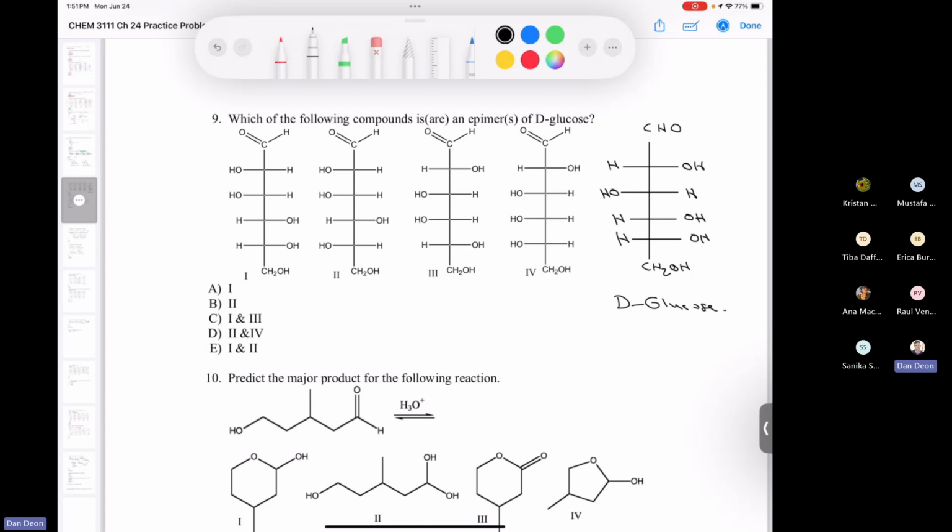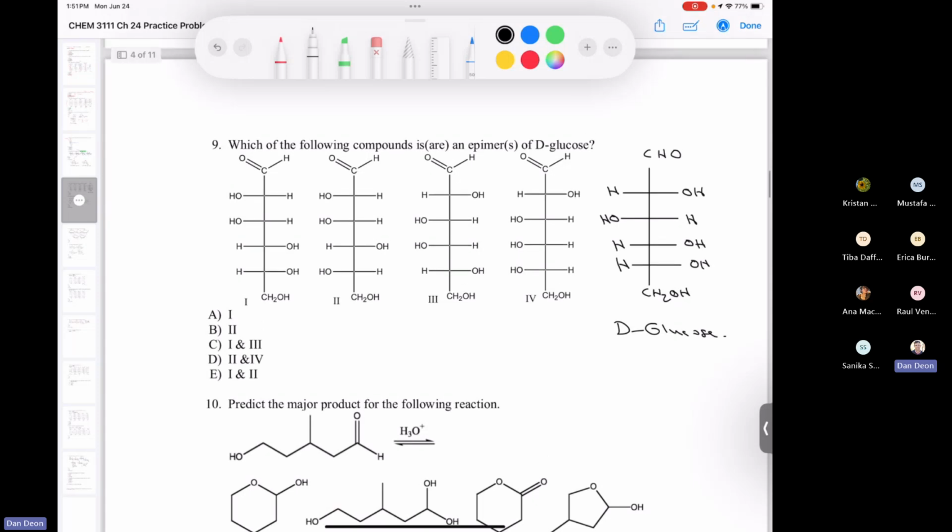So remember, an epimer means it's going to differ at one stereocenter. So we're just looking for one stereocenter that is different. If you look at compound number 1, you can see that it's the same here, here, here, but it's not the same here. So this one's different. I'll put a star by it. Then if you look at compound number 3, it's the same here, it is not the same here, it's the same here and here.